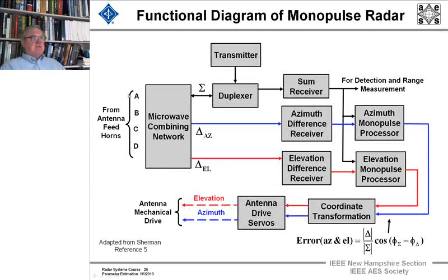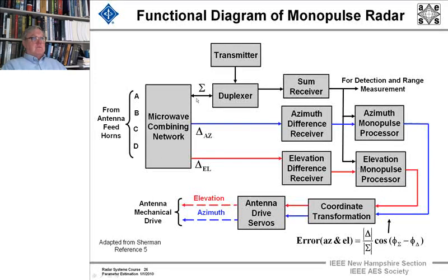Now, this is how this is implemented. We have the transmitter and the duplexer, and it sends out the sum. And then what we have is coming back into the four horns, A, B, C, D, through a microwave combining network, which I'm going to show you in a moment.